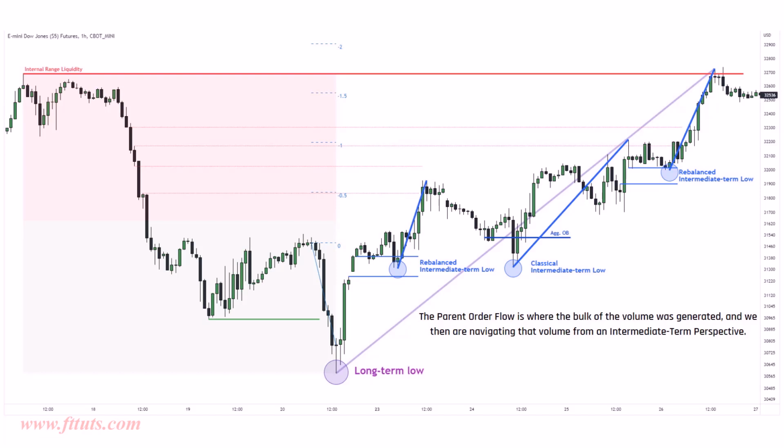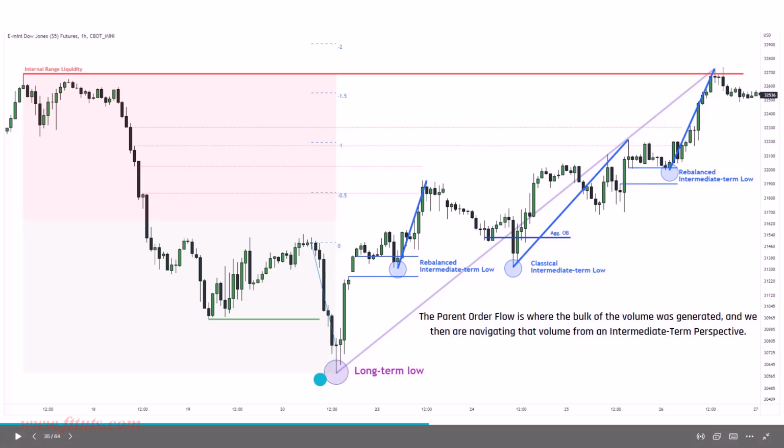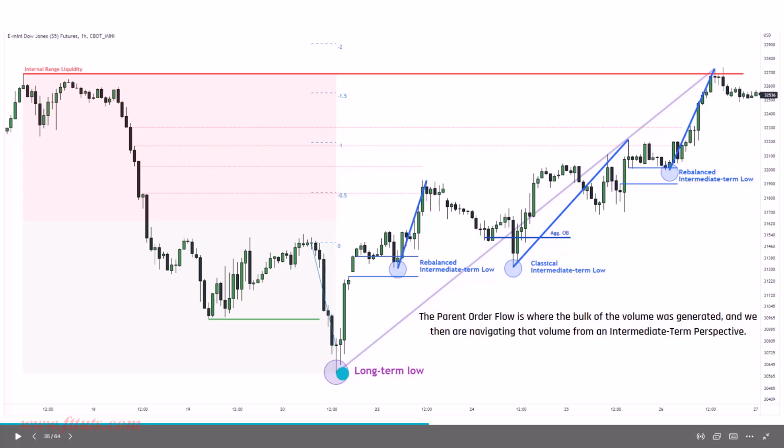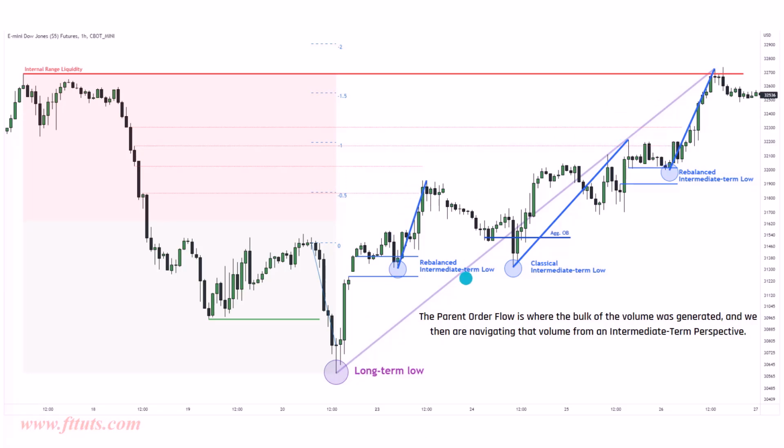So the parent order flow is where the bulk of the volume is generated, and we are then navigating that volume from an intermediate term perspective. Okay, so this is the bulk of the volume, and this is the subordinate order flow. And we're going to navigate the bulk of the volume, which is just up, but since it has to walk, we're going to navigate that with intermediate term lows and highs.